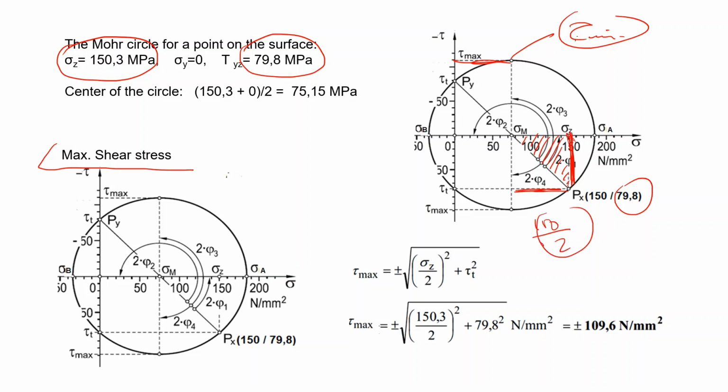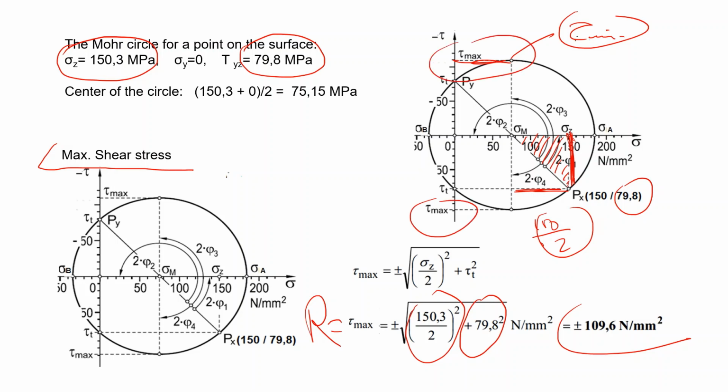Okay, 150 divided by 2 squared plus 79 squared will give you the radius of the Mohr circle, which is also the maximum and the minimum shear stresses. So we have these two values.